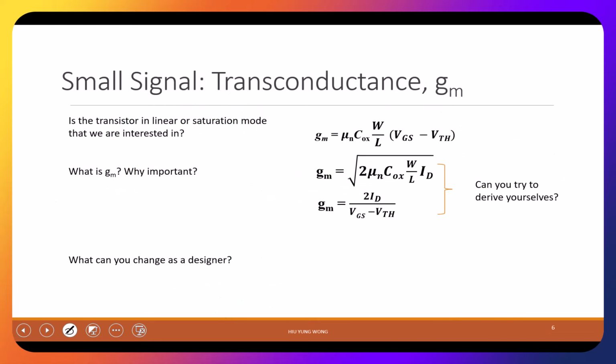One more thing. Unless we want to make a resistor, we usually bias the transistor in saturation mode. Do you still remember saturation mode?